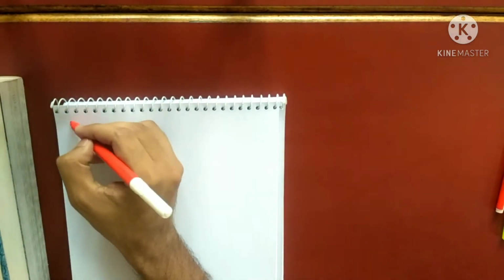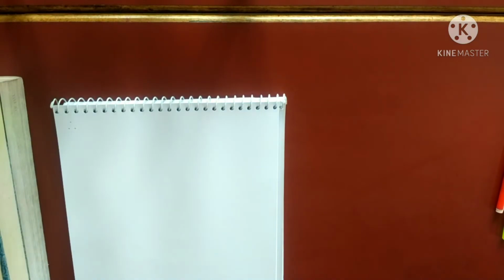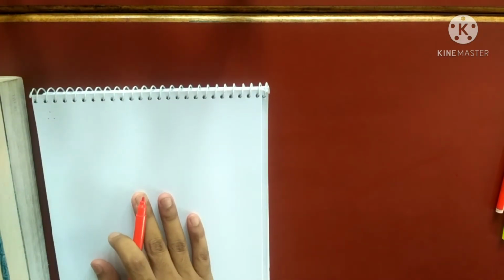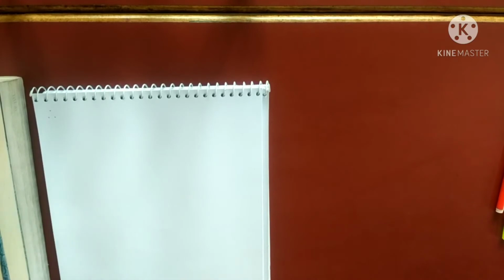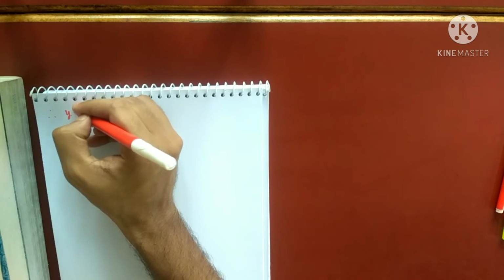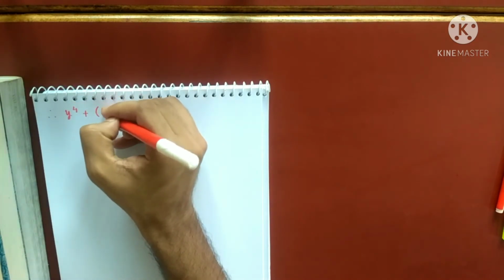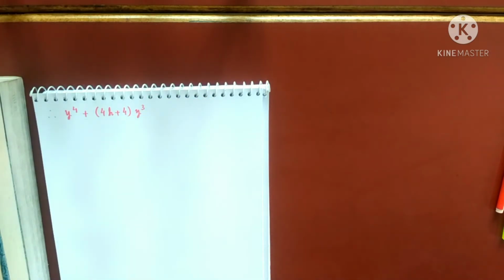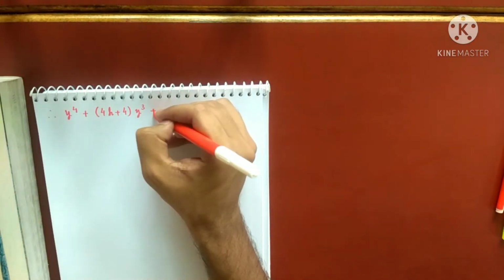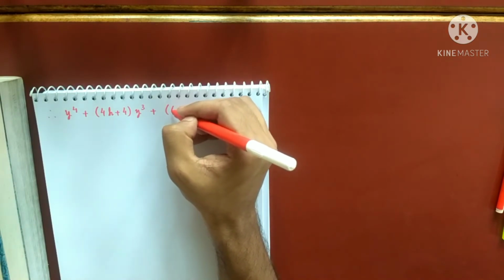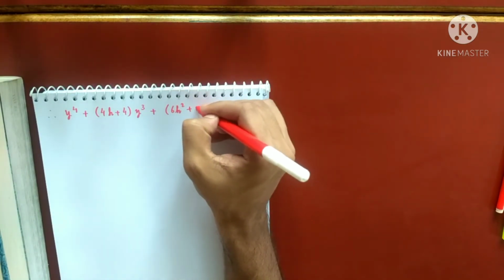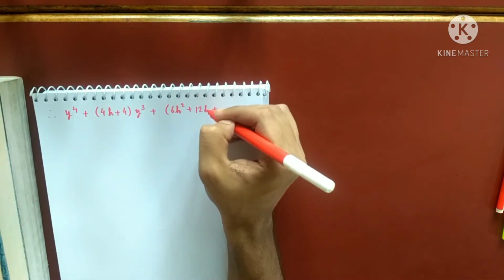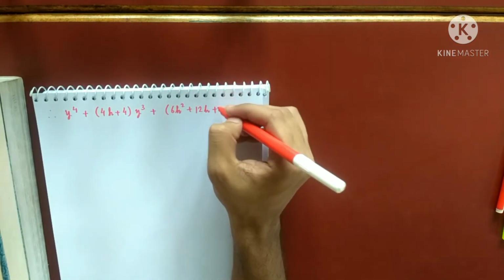Okay. So therefore, what is the transformed equation? Equation is this. Here I'll take the new coefficients. So y to the power 4 plus 4h plus 4 y cube plus 6h square plus 12h plus 7.